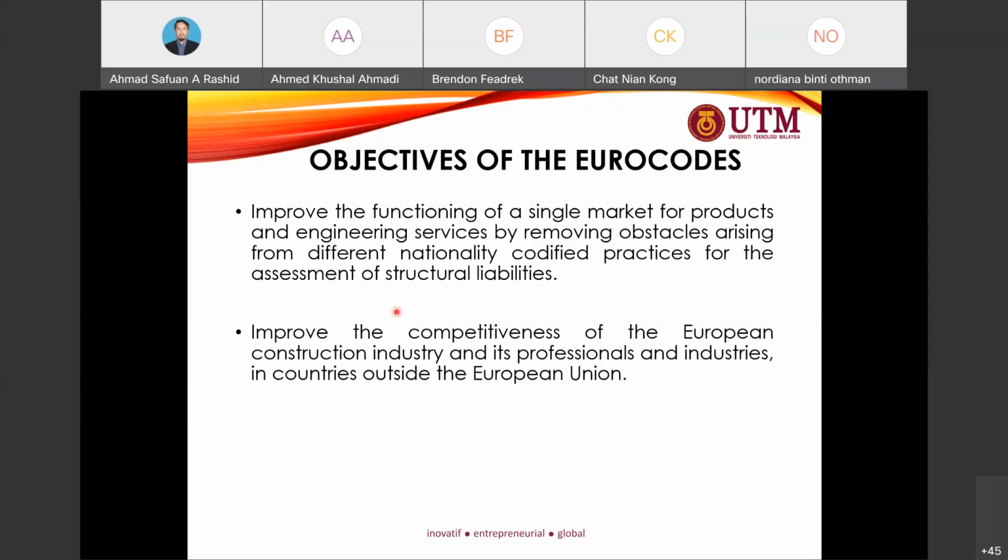Because Malaysia has used the British Standard previously, when the UK changed to the Eurocodes, we followed the standard used by the UK. So that's why we use the Eurocode in our new design for structures.